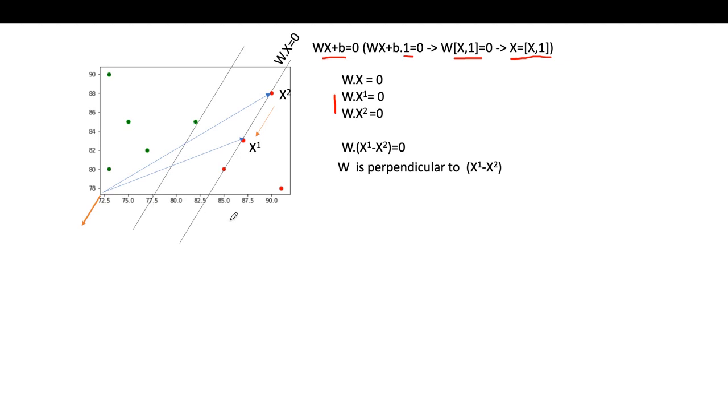So what should be the w vector in that case? Here we are taking the w vector as a unit length vector, so let the length or the norm of w be 1. And w, we know, is perpendicular to the x1 minus x2 vector. So this is the x1 minus x2 vector, and w is perpendicular to it. Let us consider this of unit length, perpendicular to the direction of x1 minus x2.